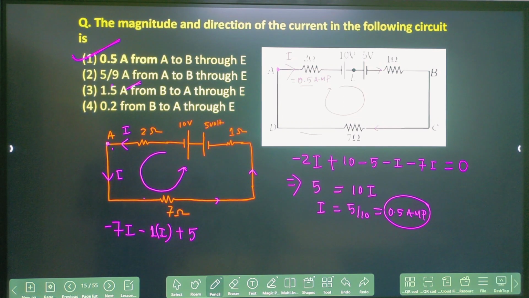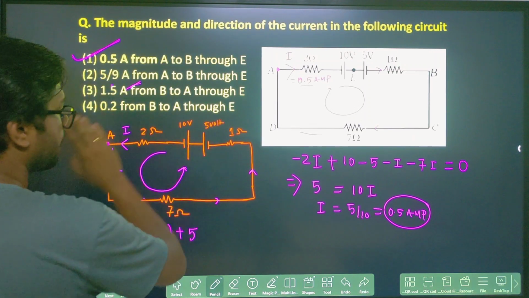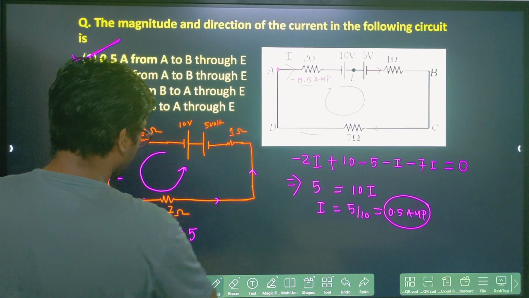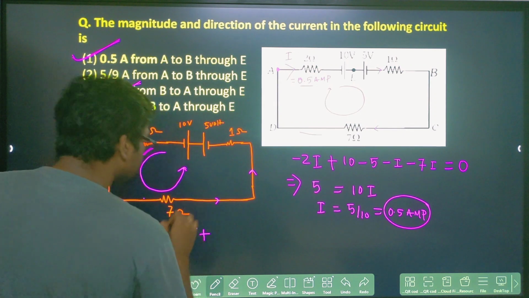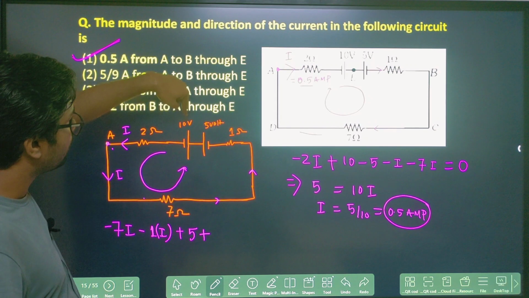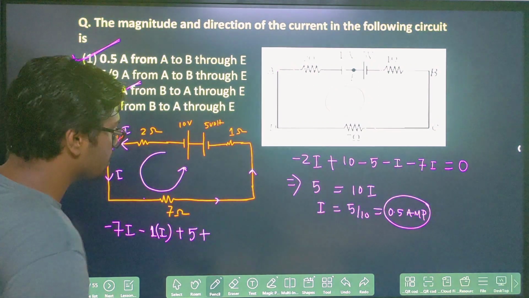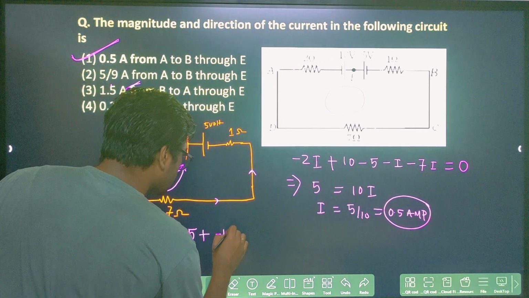Clear? I have to write plus 5 volt, because I am moving from lower potential to higher potential. This is from positive to negative, that means there will be a potential drop. How much? Minus 10.